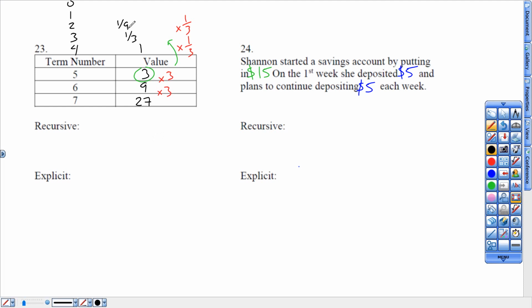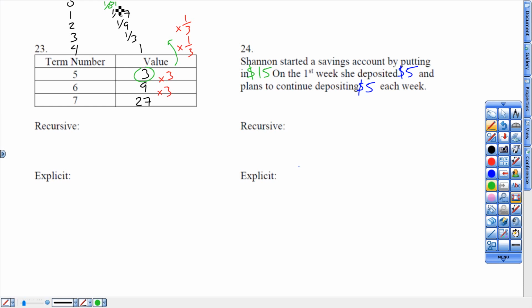And then as I go further, 1/9 times 1/3, 1/27. Notice I'm only timesing the bottom number by 3 each time. That top number stays the same as these numbers get into fraction land. And then 27 times 3 gives me 81. So that 0 term is 1 over 81.